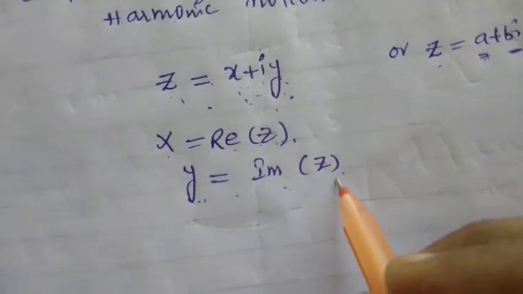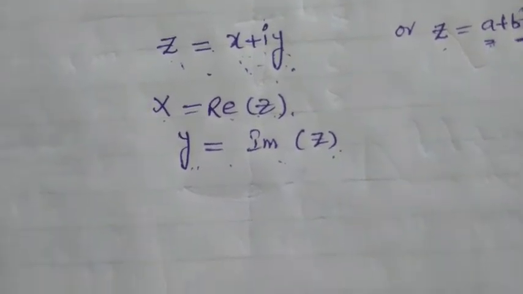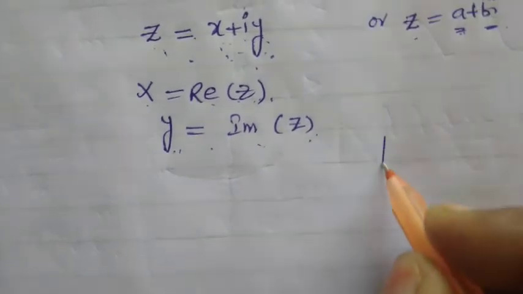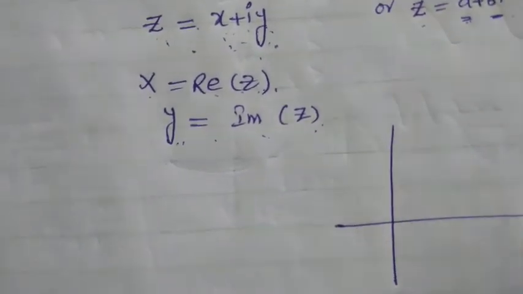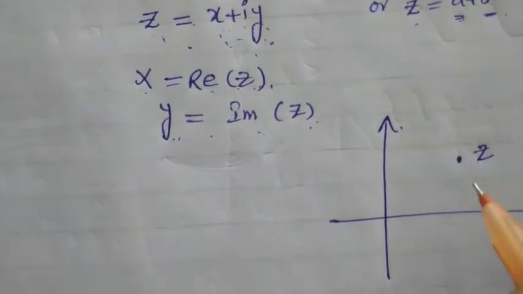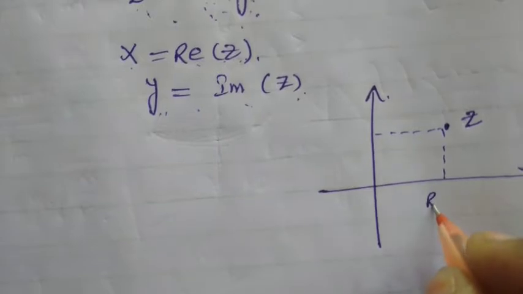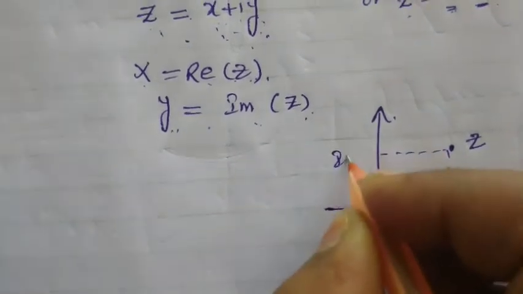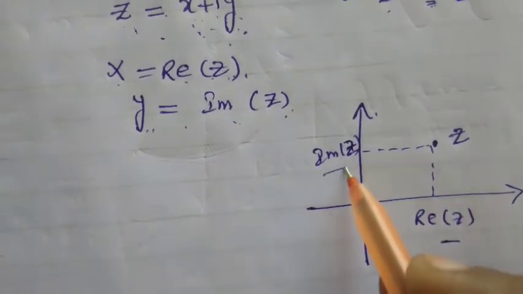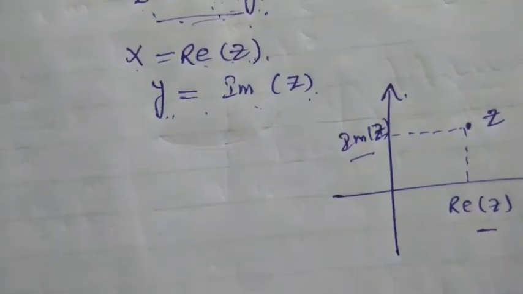The magnitude of a complex number is its distance from the origin of the complex plane. Let us take a complex plane and represent the complex number z in it, with the real part of z and the imaginary part of z, written as z equals x plus iy.